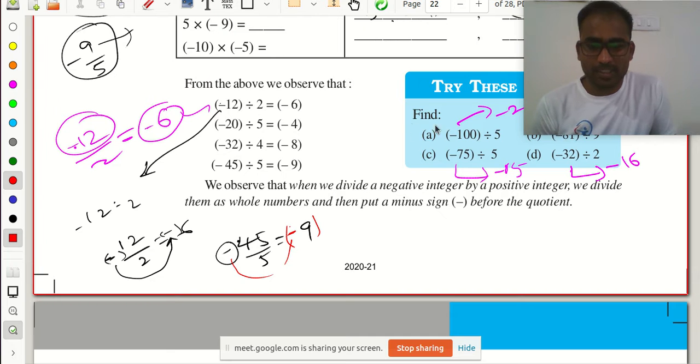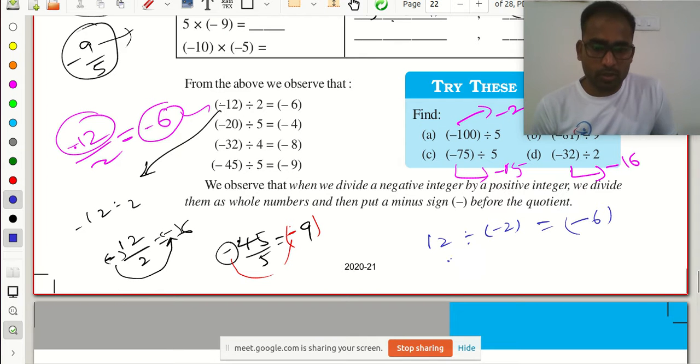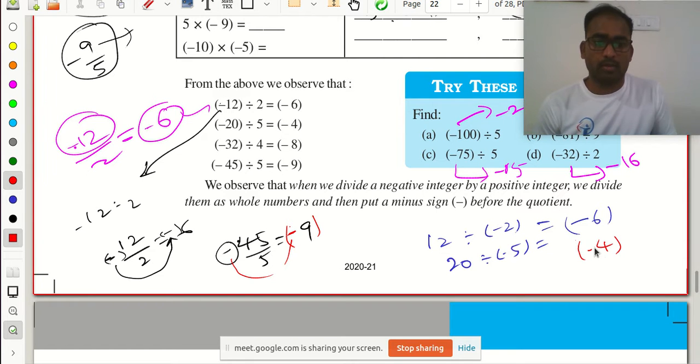See here, suppose I give one more example: 12 divided by minus 2. Then what is the answer? For this also the answer is minus 6. Suppose 20 divided by minus 5, what is the answer, Kirtana? Minus 4. Clear?